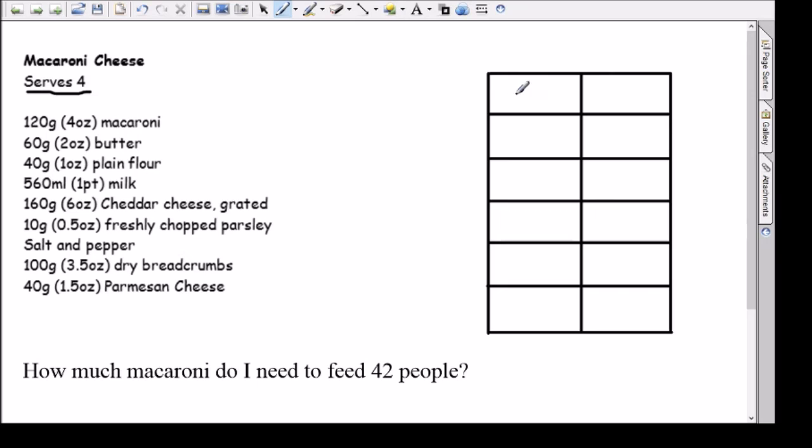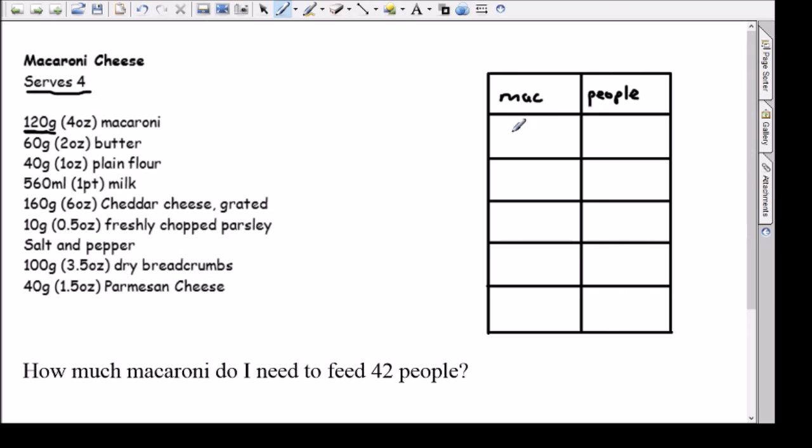So let's start with the table again. I'll write mac, I won't fit macaroni in there. And how many people will it feed?